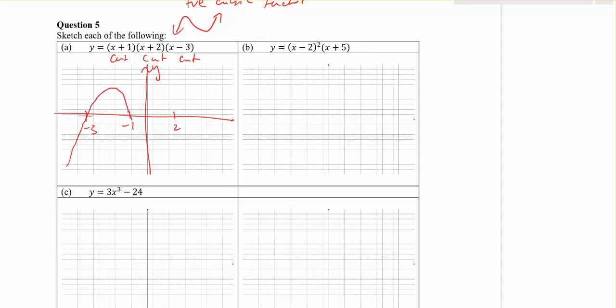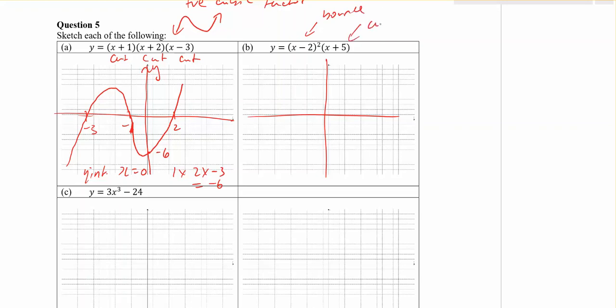Make sure you label it correctly. I need to label the y-intercept, so x equals 0. Therefore your y-intercept will be 1 times 2 times -3, which equals -6. Done. This one is going to be a bounce, then cut. So bounce at x equals 2 and cut at -5.